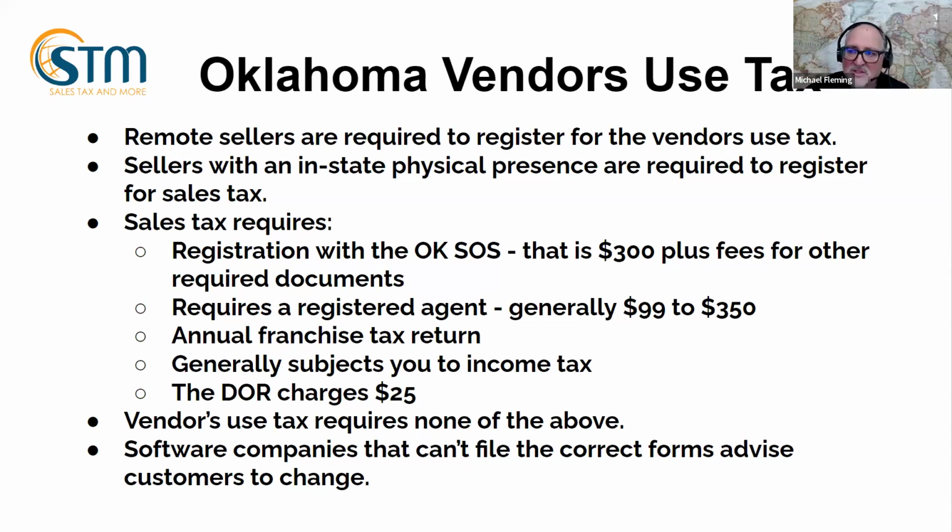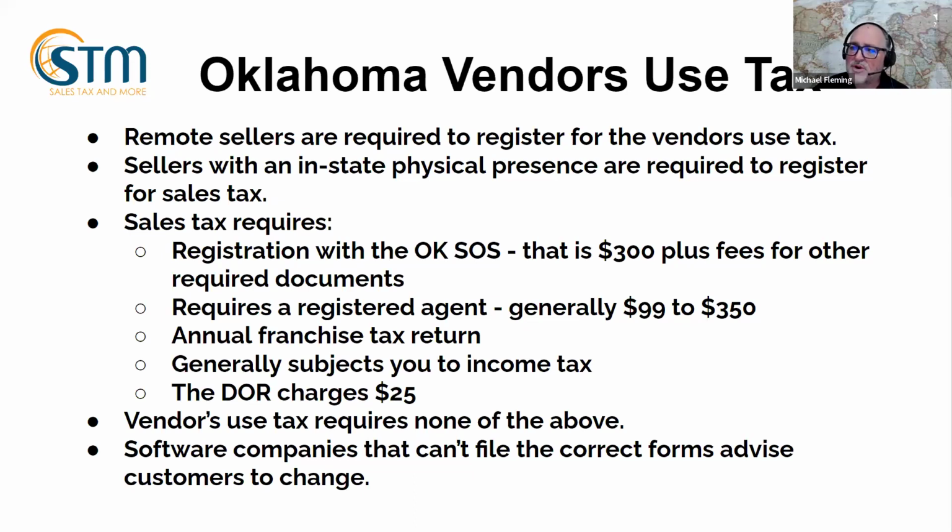Now, here's why this makes such a big difference. If you have to register for sales tax, you generally have to register with the Oklahoma Secretary of State, and that's going to be $300 plus fees for other required documents. It's going to require a registered agent. Fees for that range from $99 to $350. It's going to require an annual franchise tax return.